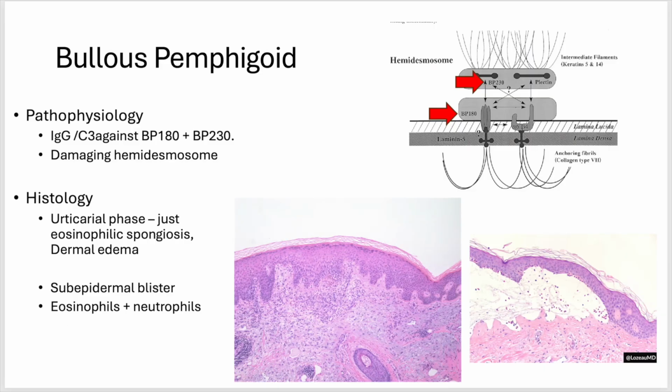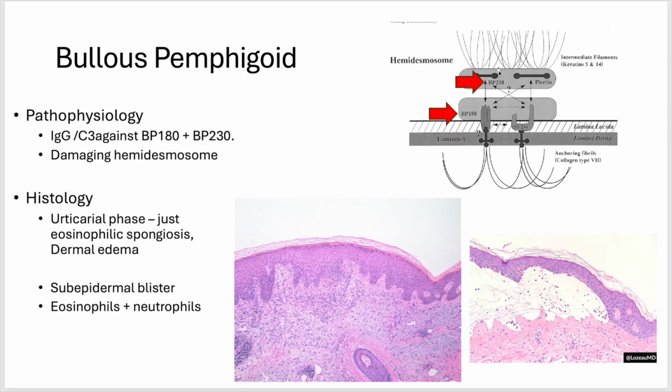So, pathophysiologically, this is a disorder affecting the hemidesmosome. The autoantibodies are directed against BP180 or BP230.